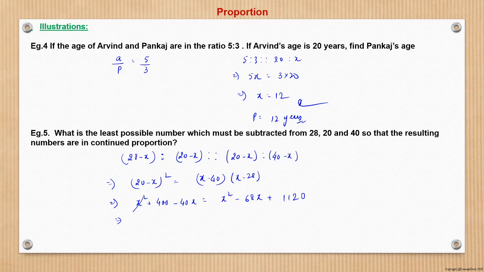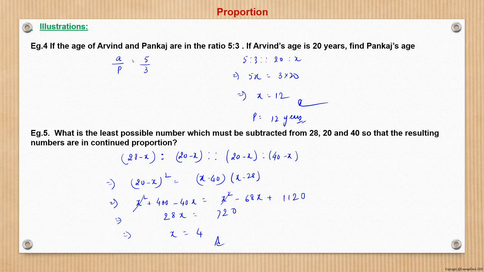So x square gets cancelled out. So this becomes 28x is equal to, so x is nothing but 4, right? So what is the least possible number which must be subtracted? The least possible number is 4.